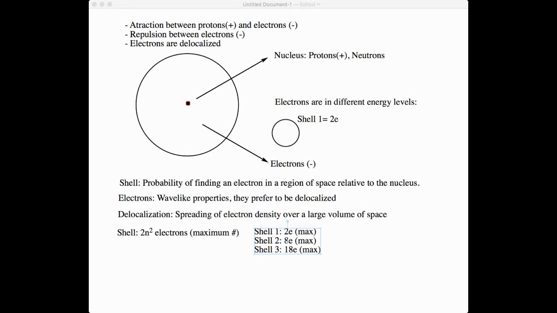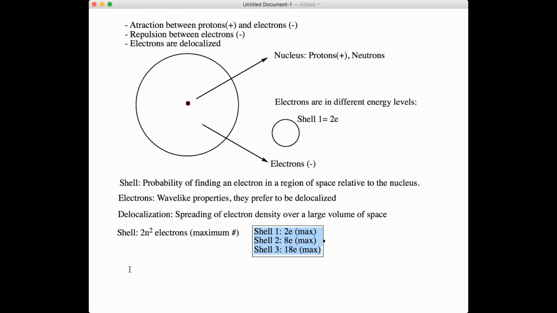Now, obviously, the electrons that are closer to the nucleus are strongly attracted because they are very close to the positively charged protons. So the farther the electrons are from the nucleus, the less tightly held they will be, right?